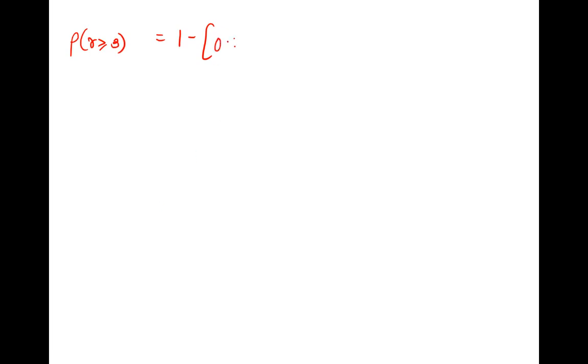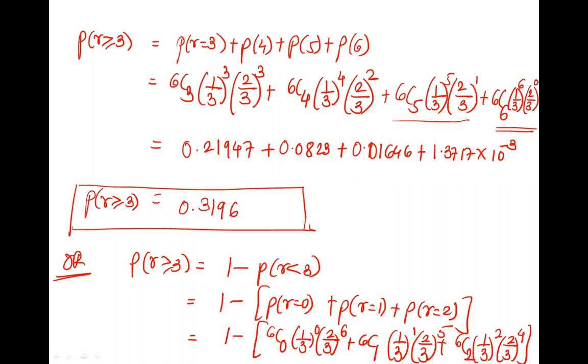Correct. Second one. 0.2633. Perfect. Go with the third one. Third one is 6C2, 1 by 3 raised to 2, 2 by 3 raised to 4.